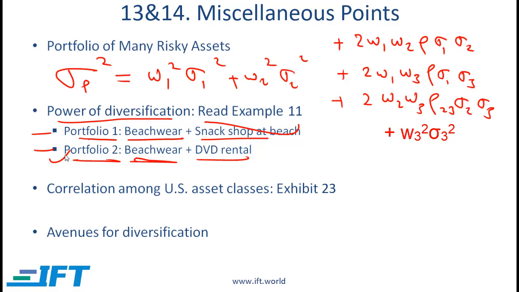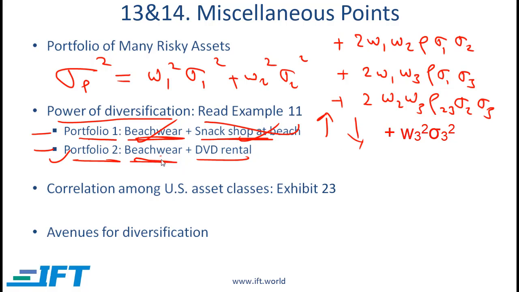Why? On a sunny day, the beachwear company will do well and the snack shop at the beach will do well. So your portfolio will do very well. On a bad day, both these stocks will do badly. So your overall return will be negative on both fronts.